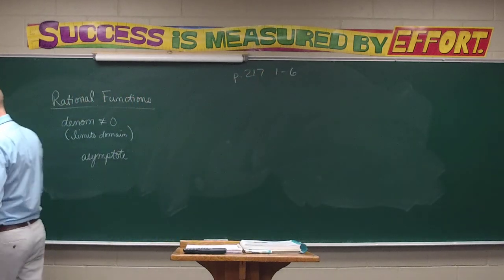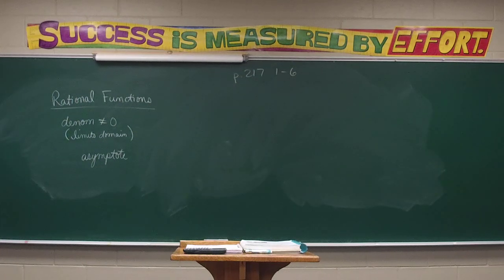Set the denominator unequal to 0. That'll tell you where the asymptotes go.